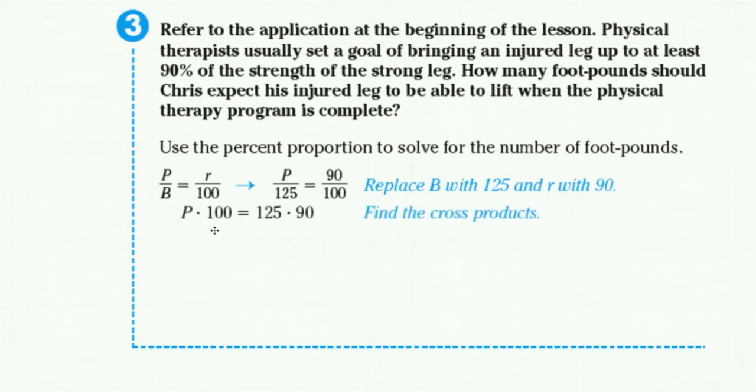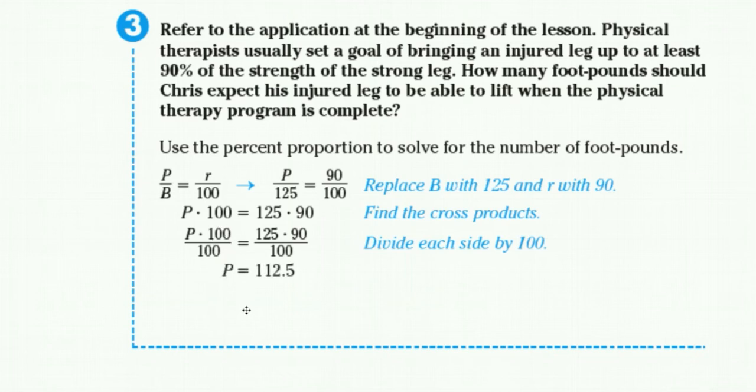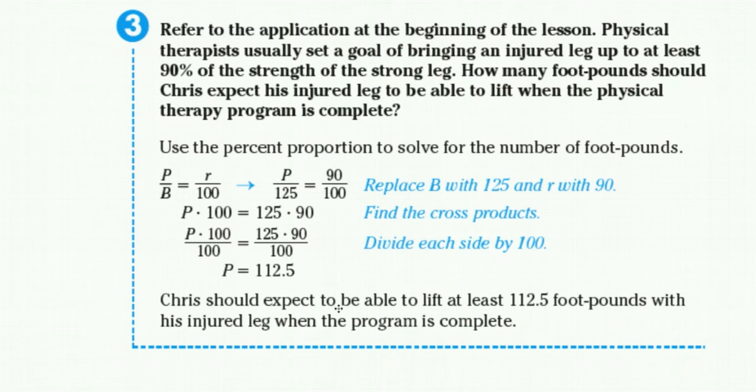We end up with P times 100 equals 100 times 90, and then by dividing both sides by 100, we isolate P, and we end up with P equals 112.5. So Chris should expect to be able to lift at least 112.5 foot-pounds with his injured leg when the program is complete.